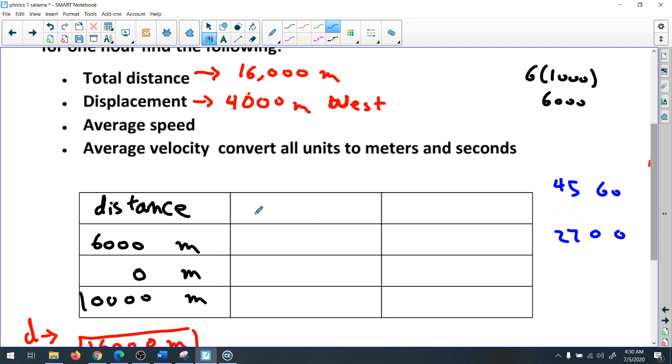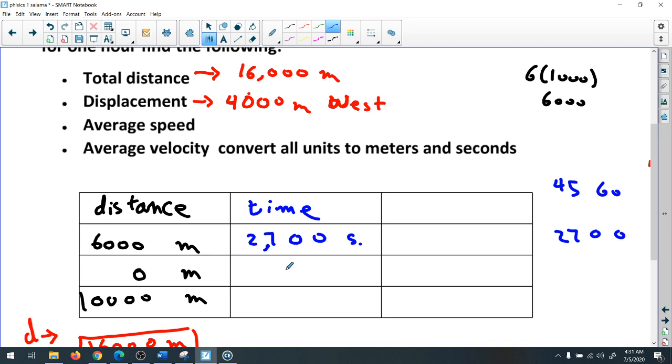So the time for the first part of the trip is 2,700 seconds.